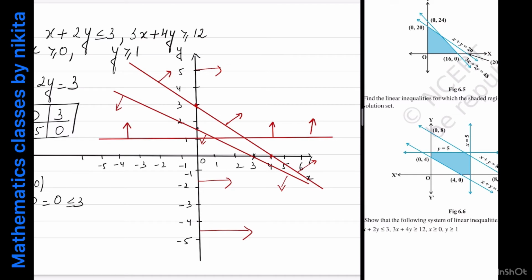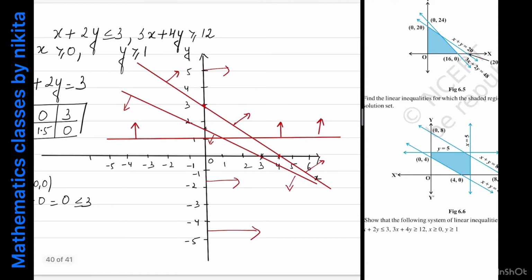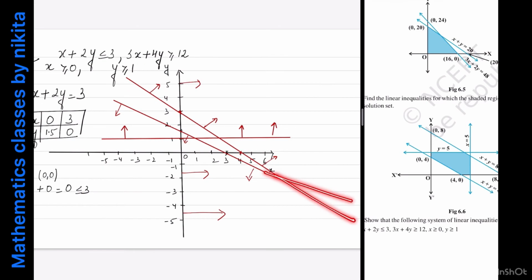Now you have to take the intersection of all, because I want that region which satisfies all the inequalities simultaneously. So we have, this is your side for the first line, second line is this side, then if I look at the common of these two, this upper region is coming, okay, and y, so there is nothing common. See, these two lines will intersect somewhere here. Okay. Now when they intersect, the common portion that comes will be this, this will be the common portion of these two lines. But since you have y greater or equal to 1, in both of these there is nothing common, there is nothing common.